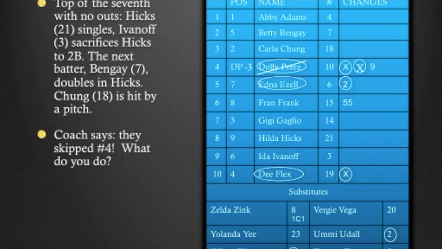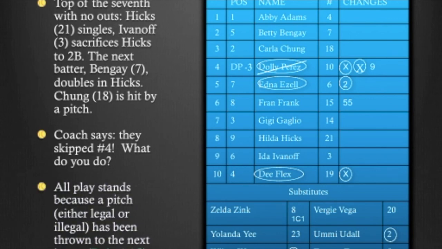You're right, Coach. We did skip number 4. However, by rule, the pitch was thrown, the girl was hit by the pitch. We go on. When a pitch is thrown, legal or illegal, what happens? We're at the batting order. Correct? We all understand.